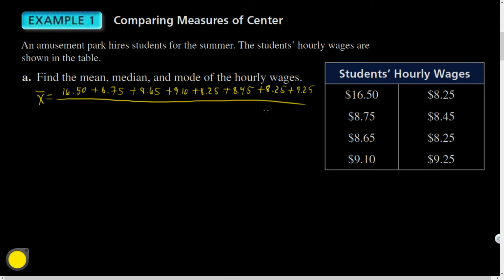There are 8 numbers, and that's what I would get. I'm going to have to round this a little bit, and that's okay. It turns out this is about 9.65. By order of operations, all of those additions take place before the division, because I'm finding the sum, meaning I do that first, and then divide.